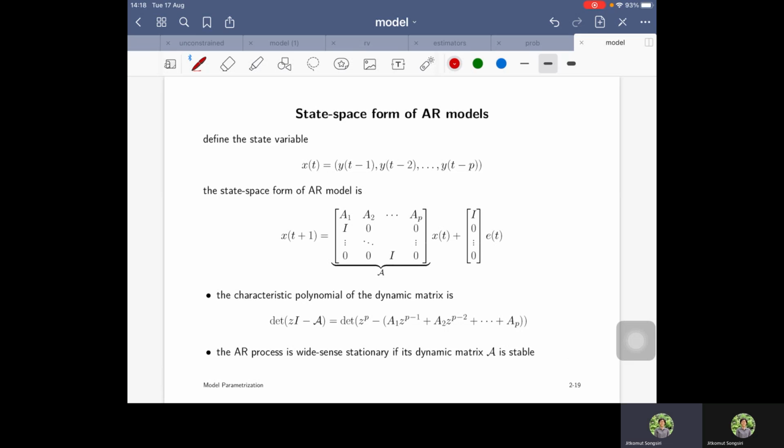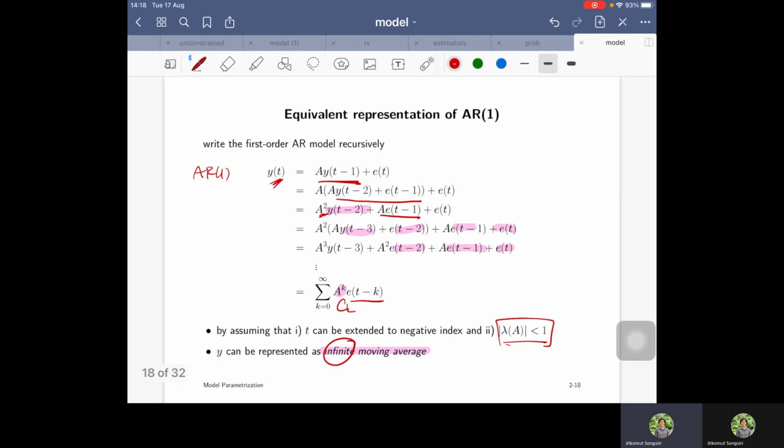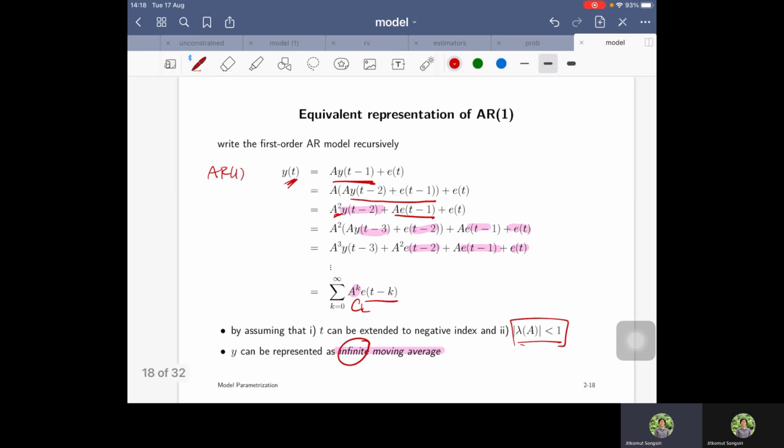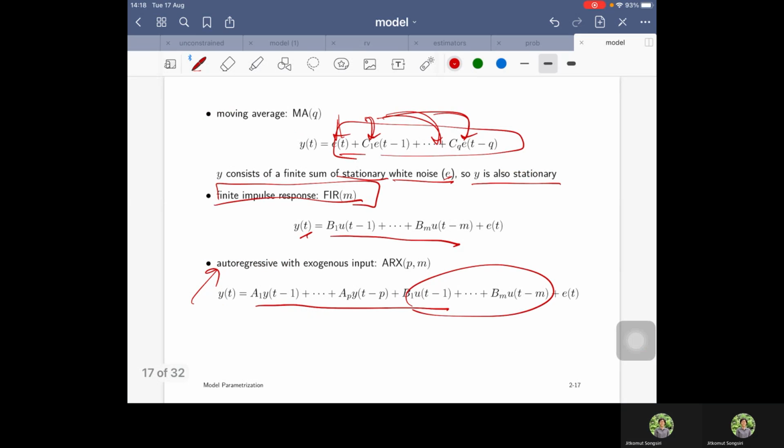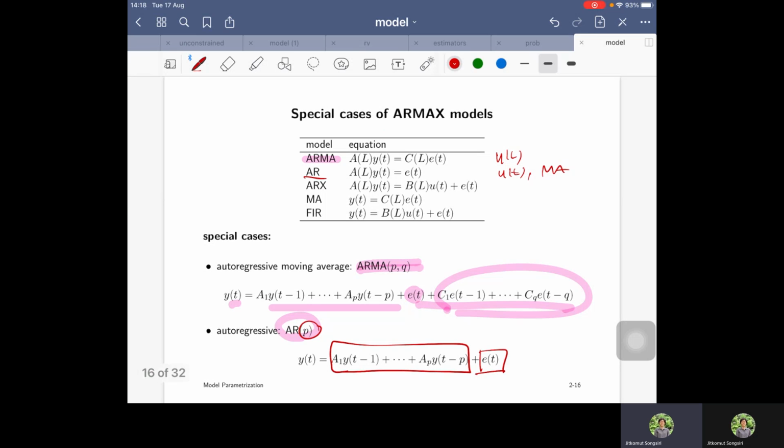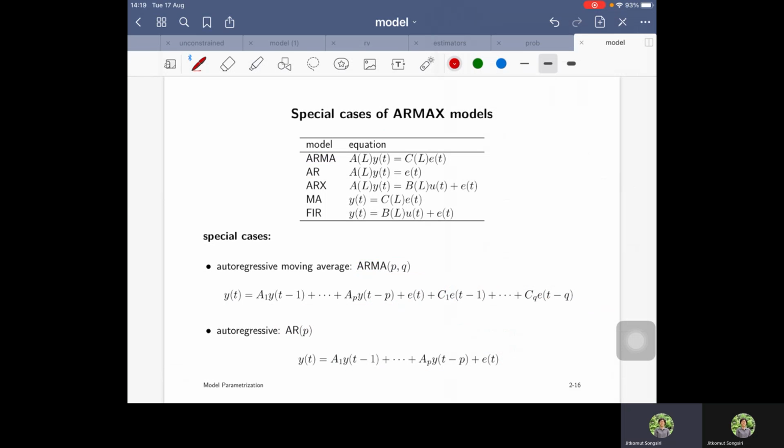I think from our background, given a recursive equation or a difference equation, for example a difference equation like this, there's a straightforward procedure to define the state variable and represent it in state space form.